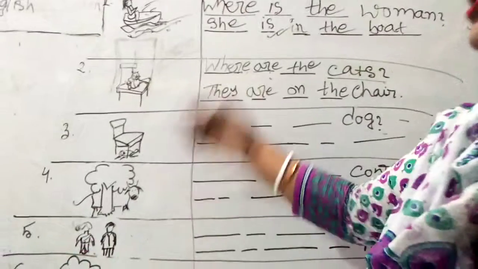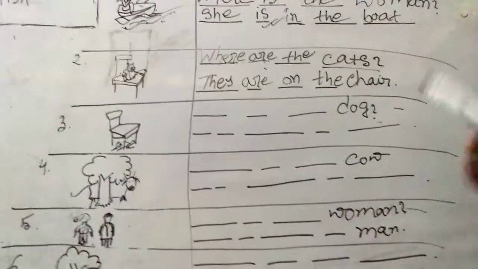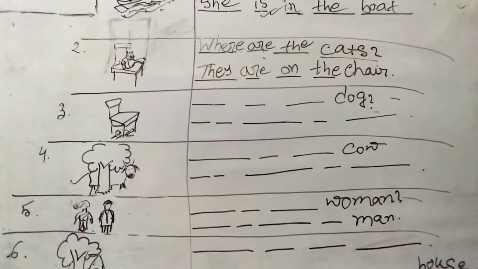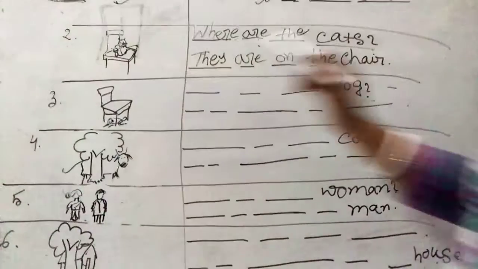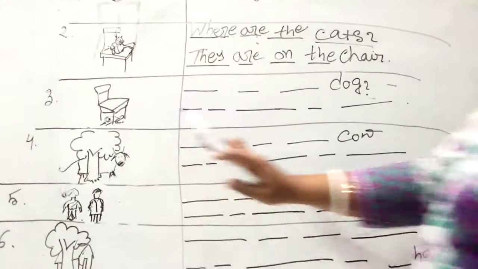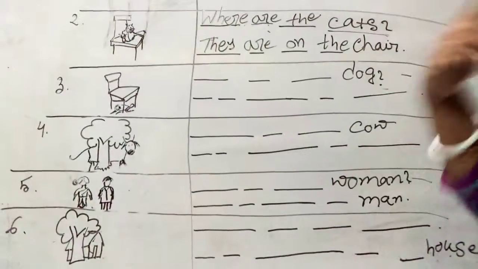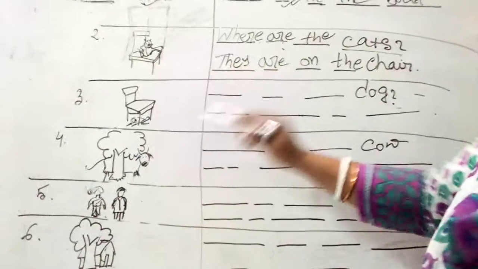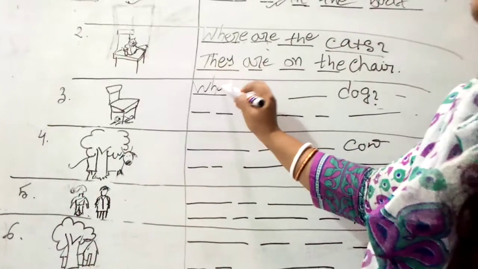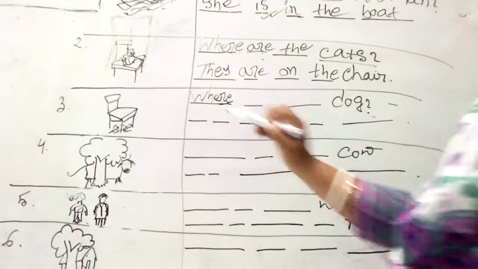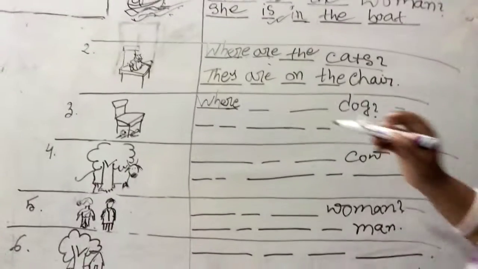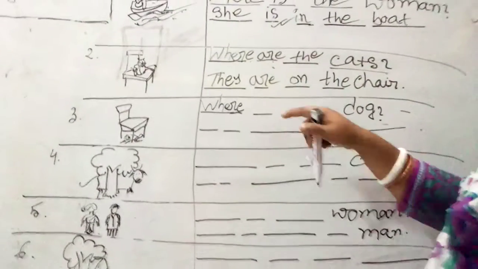No. So this is the trick: seeing the picture, you have to identify which preposition will be put here. It's basically a dog, though it's not looking like a dog, but you have to imagine that it's a dog. For your better understanding, look at the page so that you can have a great sense of what the picture is telling.